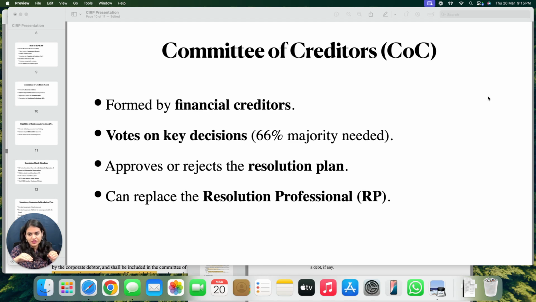Suppose the committee of creditors are trying to decide whether or not to take interim finance, and there is a simple majority amongst the class of creditors that the interim finance is required to be taken, then the authorized representative will go and vote that the interim finance is required to be taken in the CoC meeting as well.